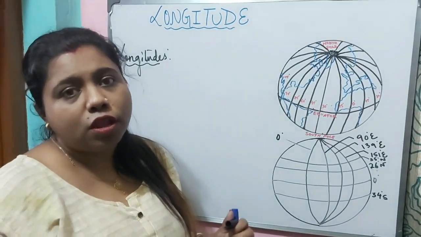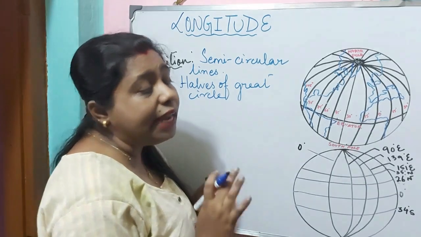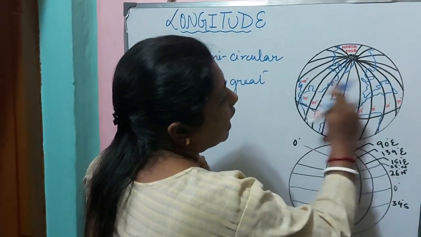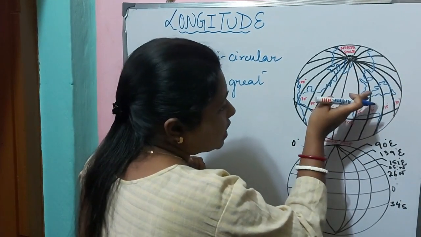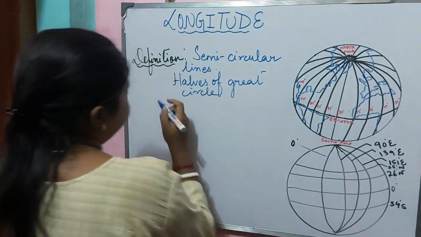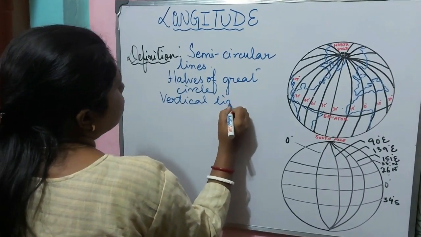These lines are drawn so that we can locate a place. We have already learned that latitudes are horizontal lines. And what are longitudes? These are vertical lines.